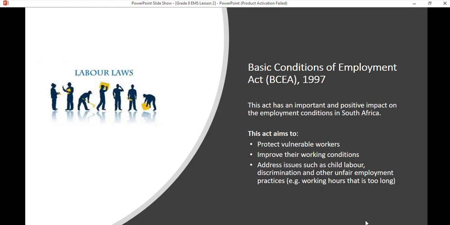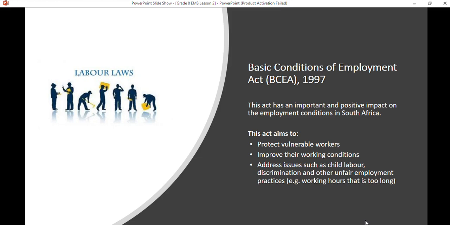Now this act is incredible. It was implemented in 1997, and it has a very important and positive impact. This act says exactly what the minimum requirements are that a company or a business should have as a standard employment contract for its workers.